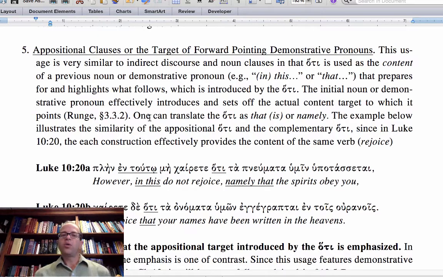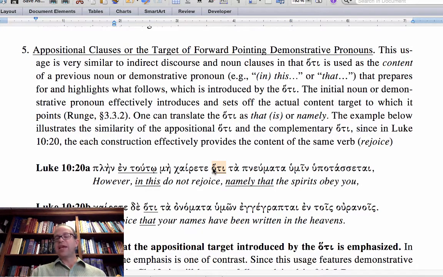Finally, oti can function as an appositional clause. That is, a clause that further defines a previous statement. So in this example in Luke 10:20, in this do not rejoice that. So here the oti functions to give more specificity to a noun, and that's why it's called an appositional clause.